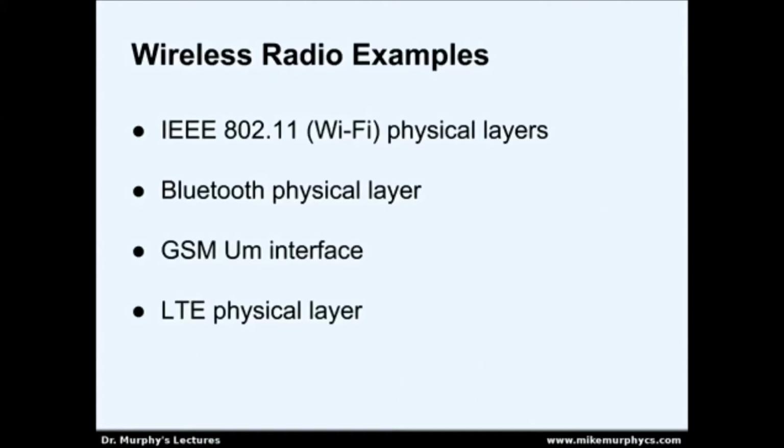So for example, for Wi-Fi or 802.11 devices, we actually do have a couple of different physical layer specifications depending on the standard revision. Bluetooth specifies its own type of physical layer, as does the GSM Um interface for 3G cell phones. And for 4G LTE cell phones, there's another LTE physical layer with its own specifications.